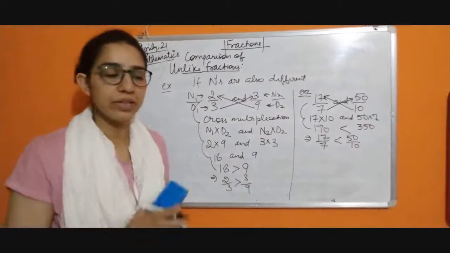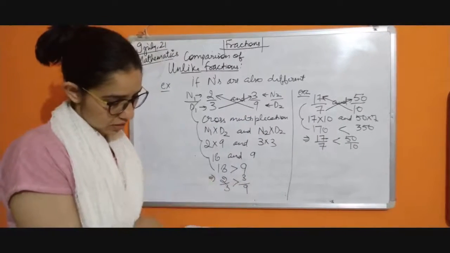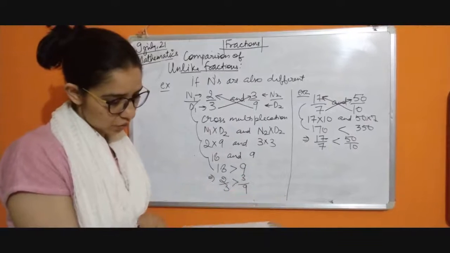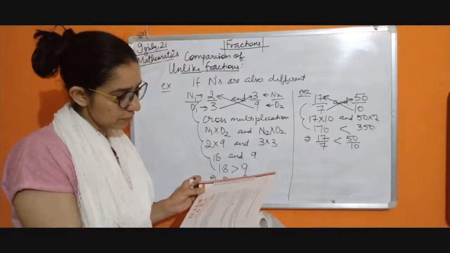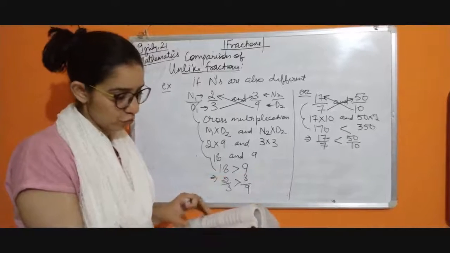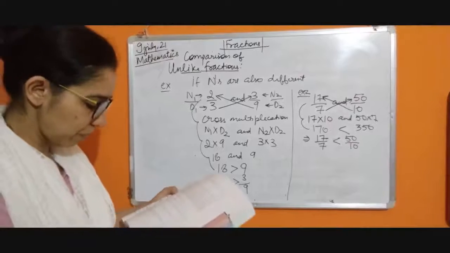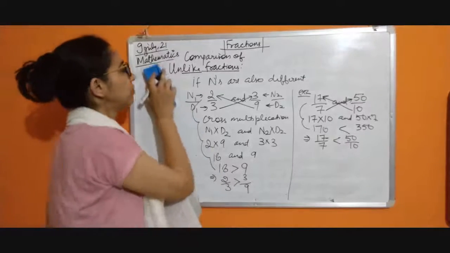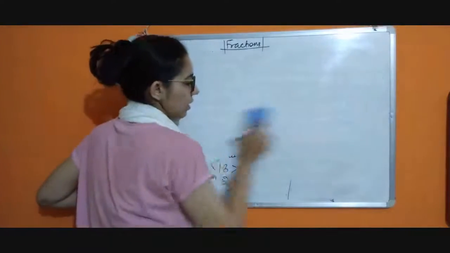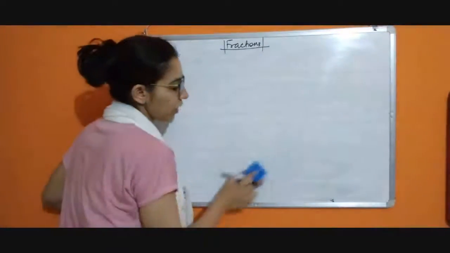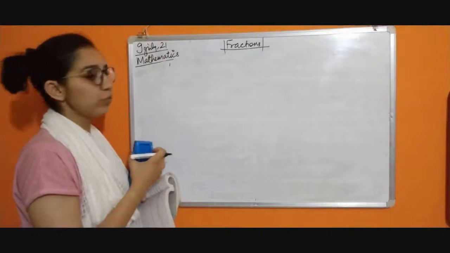Now we are going to start with the exercise part. The exercise is on page number 152, but before that we are going to try these on page number 151. As we have done comparison for two fractions, we can do comparison for more than two fractions also.